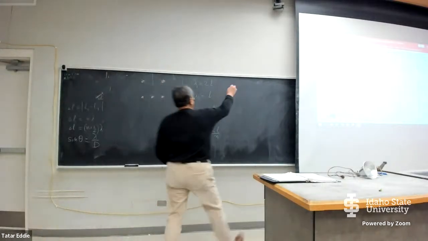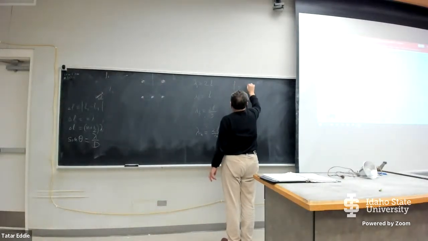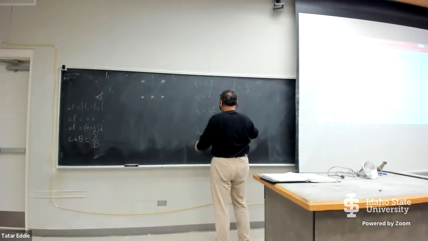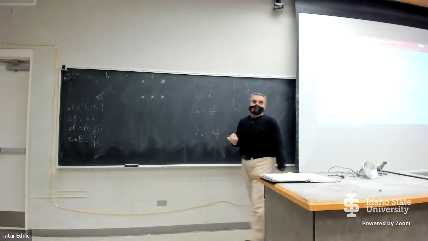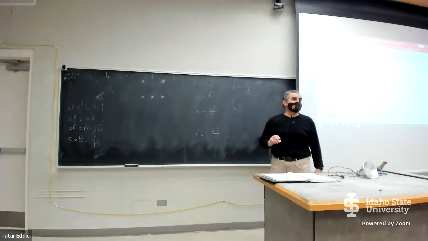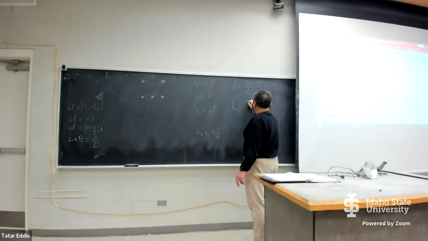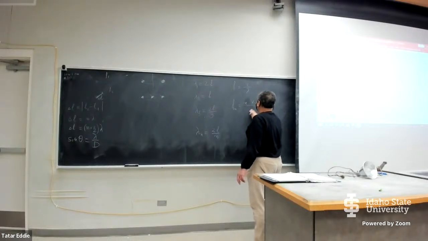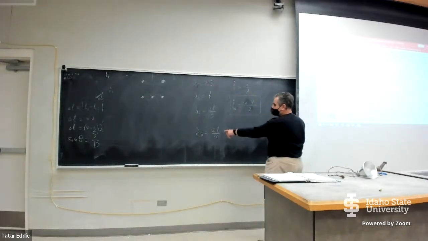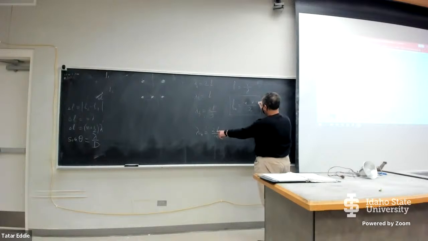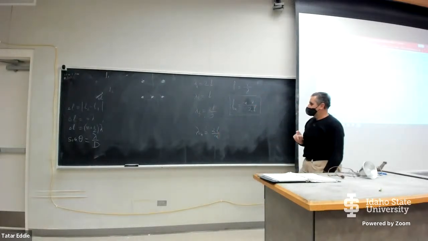Since frequency is equal to the speed of propagation of the wave divided by the wavelength, you say that the nth standing wave frequency, the nth harmonic, is equal to n times the speed of propagation of the wave divided by 2L.